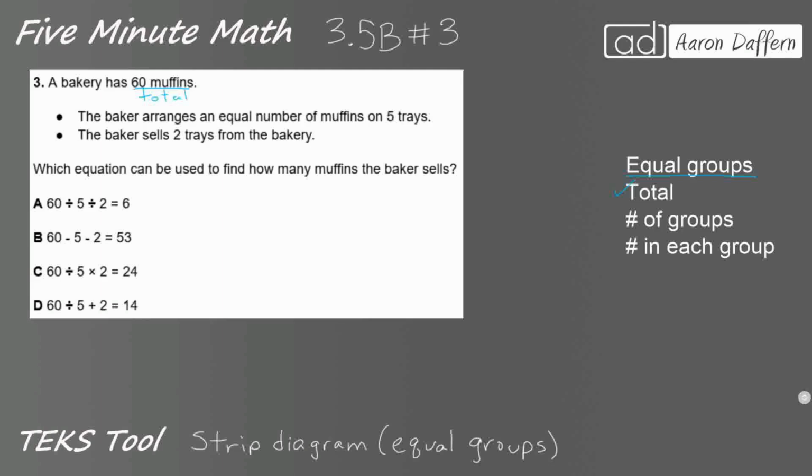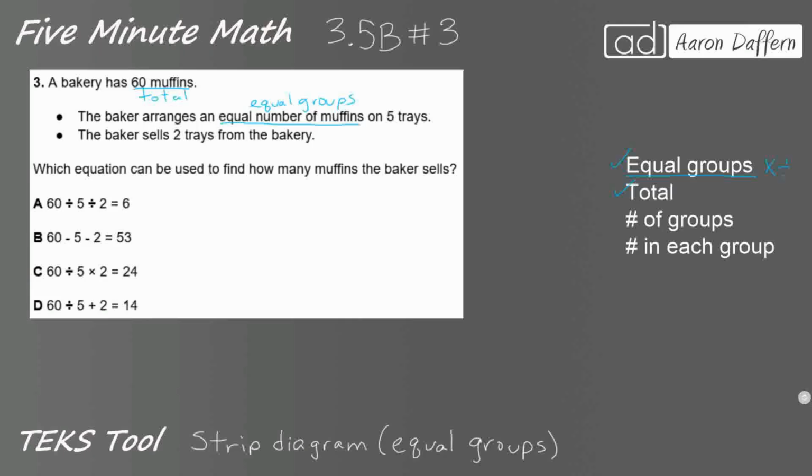All right, so we've got two things here. An equal number of muffins. I'll put it up above. That's our equal group. So now we know we're dealing with either multiplication or division, because you need something that says it's the same number in each group. In this case, it's the equal number of muffins on 5 trays.